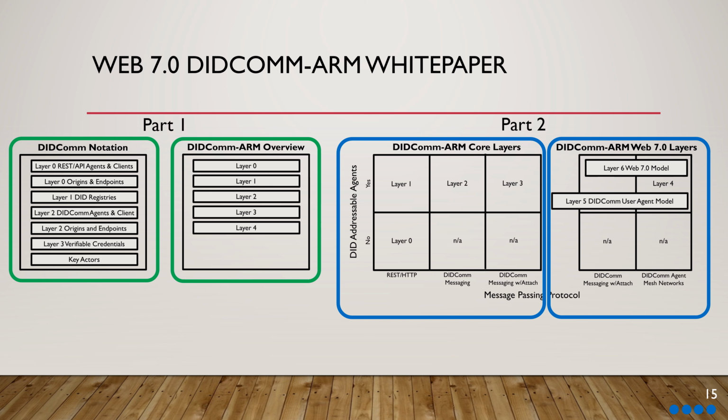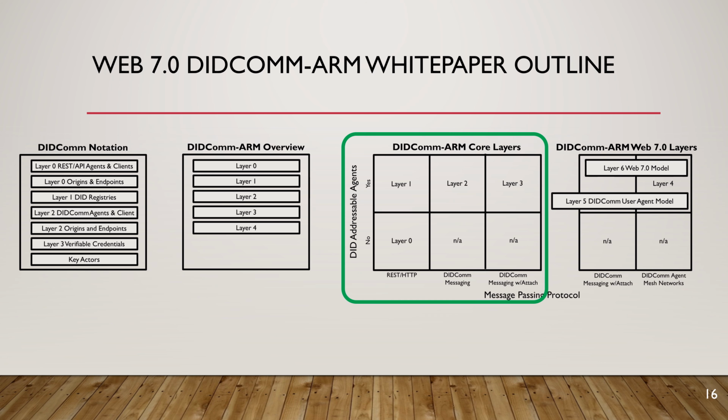In this talk, part 2, we're going to do a drill down on the core layers and then the Web 7.0 layers. So let's start in on those core layers and do a drill down. So this will, to some extent, have a little bit of a repeat of the last half of yesterday's talk.